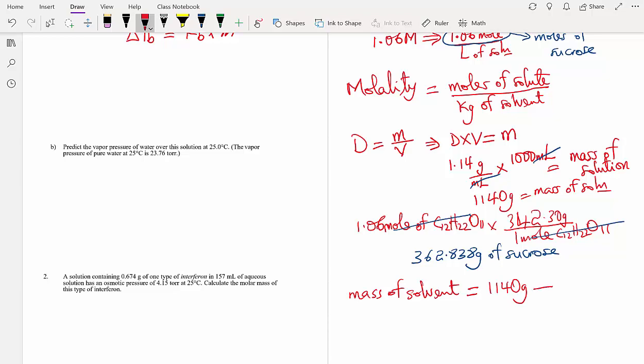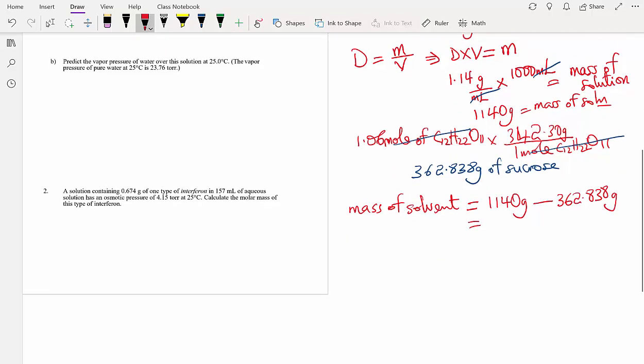We will subtract the mass of the solute from that, and that will be 362.838 grams. And this should give us 777.162 grams of the solvent, which is water. And that is the same thing as 0.777162 kilogram of solvent.